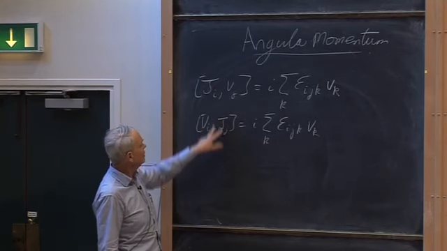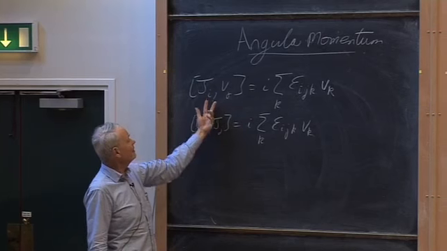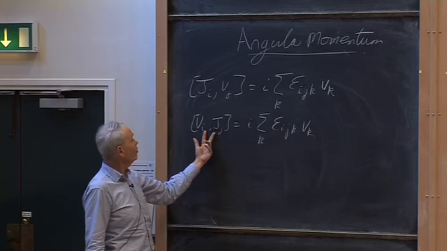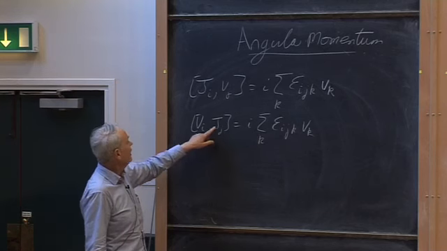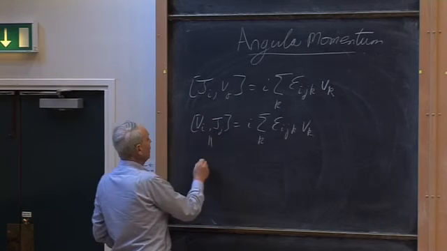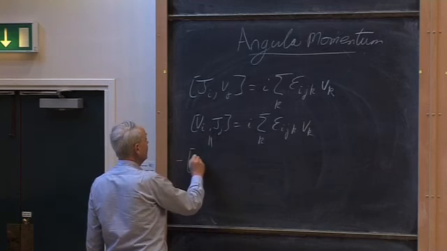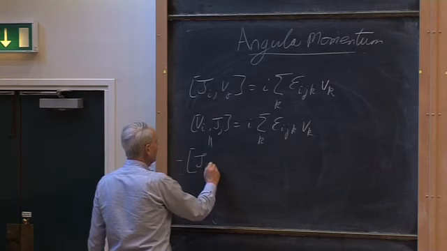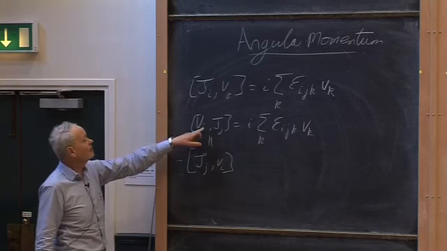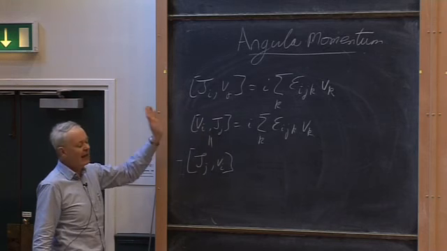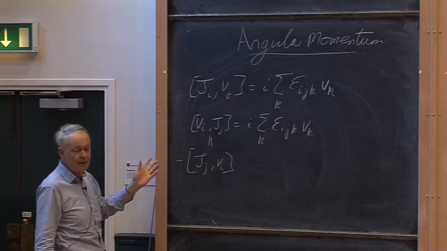What's happened between these two is that these things have been swapped in their order, but crucially also these things have been swapped. So if I go from here, I pick up a minus sign if I simply invert the two operators, j and v. V is just an arbitrary vector. It could be x, it could be p, it could be j, whatever.